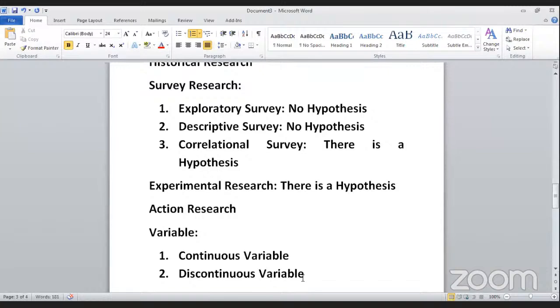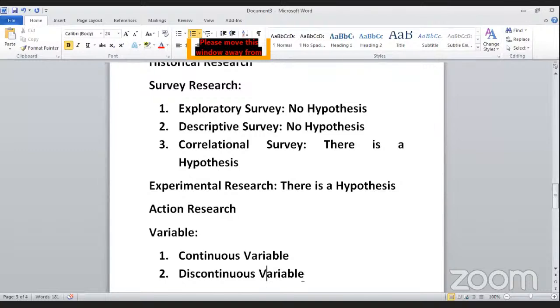Now gender is a discontinuous variable. The blood group is a discontinuous variable. RBC is a discontinuous variable. The pages in the books is a discontinuous variable. The subject is a discontinuous variable. Language is a discontinuous variable. Methods of teaching is a discontinuous variable.